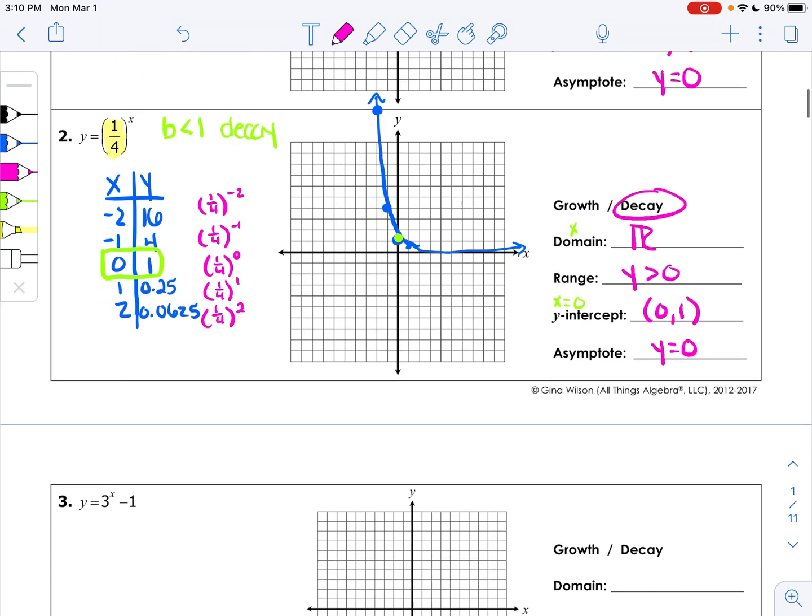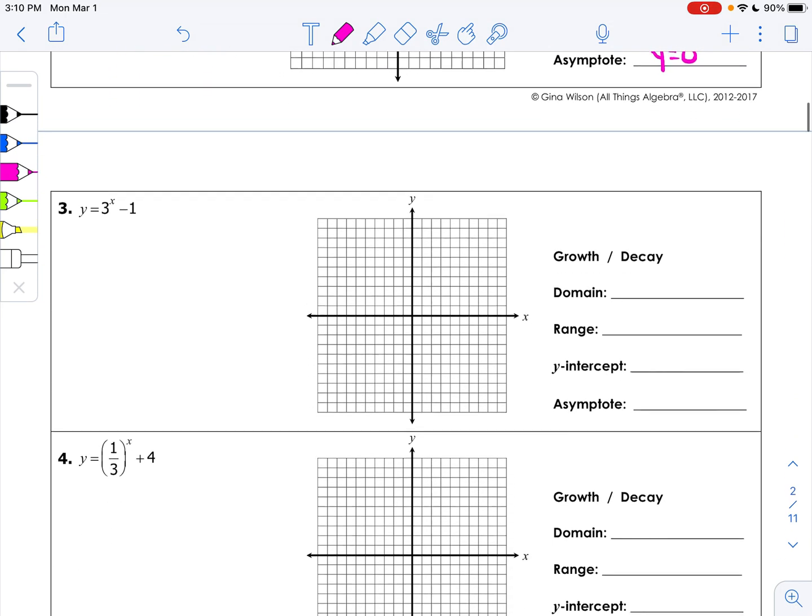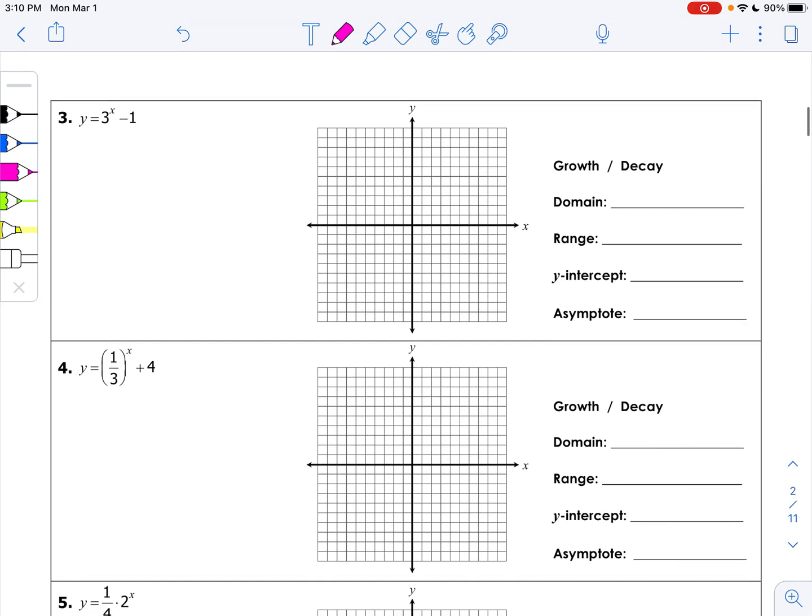Let's take a look at one more example. y equals 3 to the x minus 1. So again, we want to take a look at our b value, which is 3. So our b value is greater than 1, so we know it's a growth.